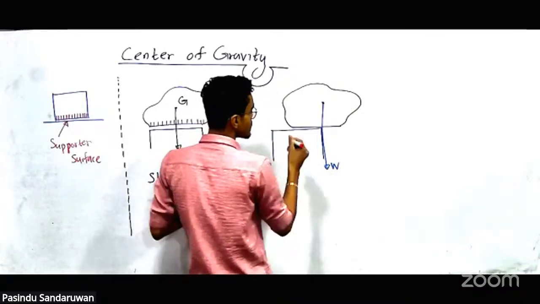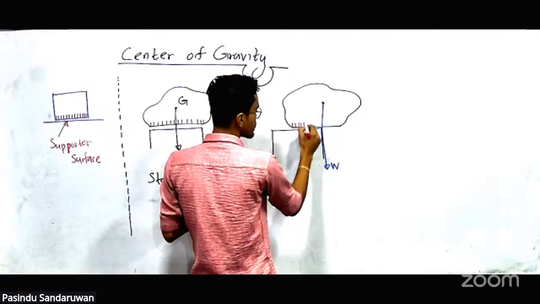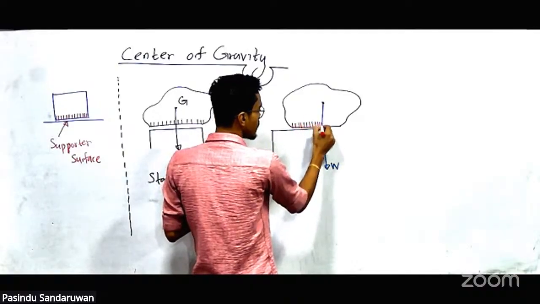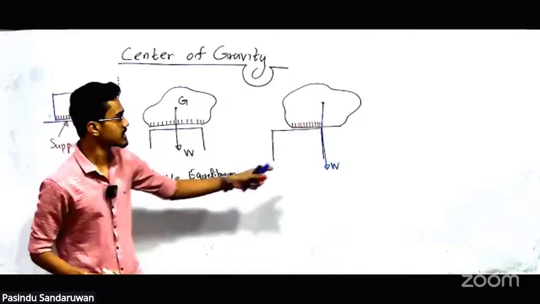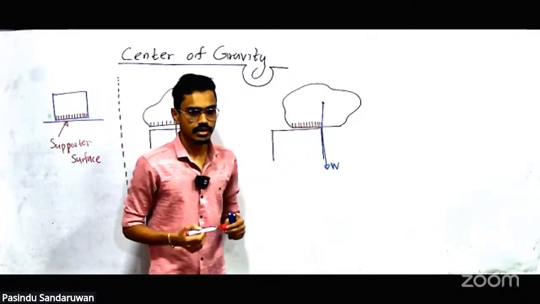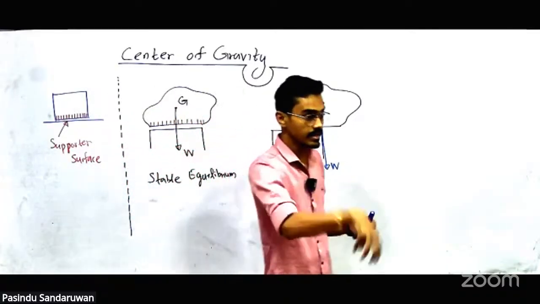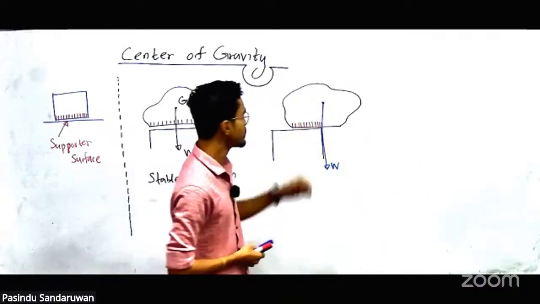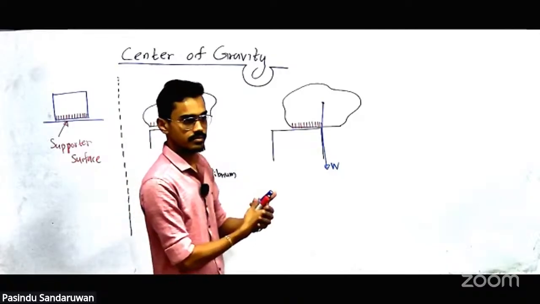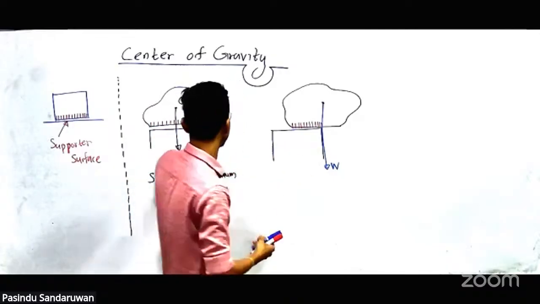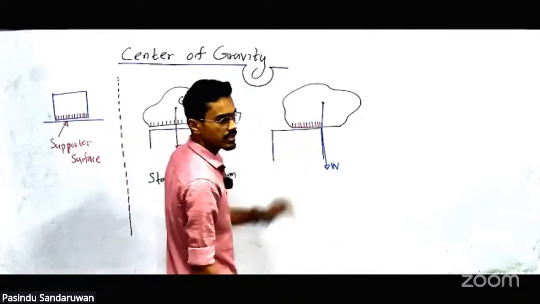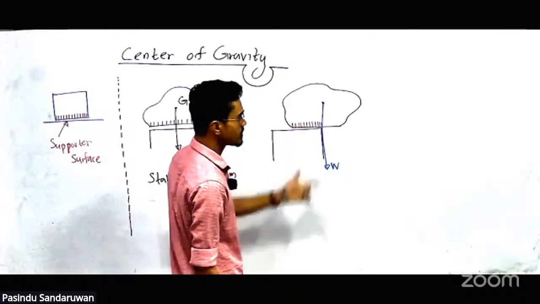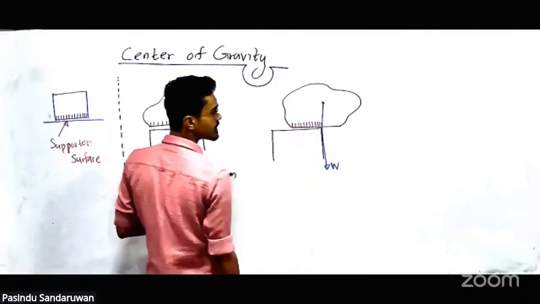The supporter surface is the surface which supports the equilibrium, the surface which is in contact with the body. So now the supporter surface is short, because we pushed this towards this side. Now only this part is the support.